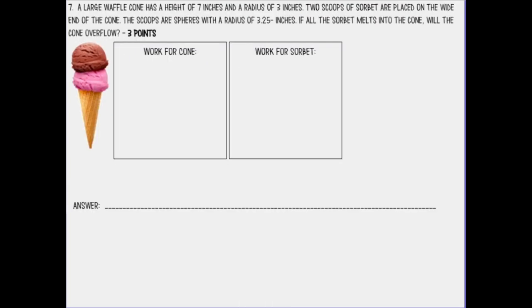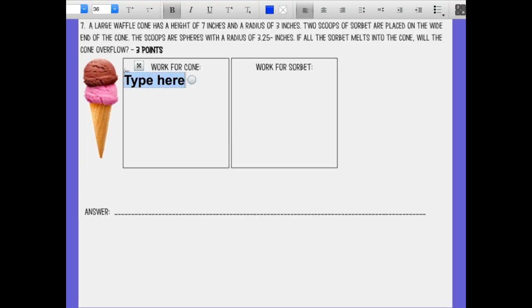All right, our very last one here, this cone, we're saying if this sorbet melts, will it overflow? All right, so remember cone, we're going to do pi, so work for cone. The radius of the cone is 3, and the height is 7.